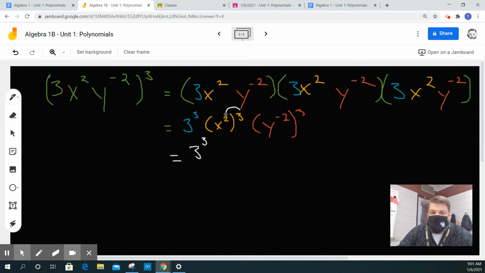By the way, what's 3 times 2? 6. If I have 2 here, 2 here, and 2 here, how many do I have total? 6, right? So that would be x to the 6th power. And then here I have a negative 2. What's negative 2 plus negative 2 plus negative 2?